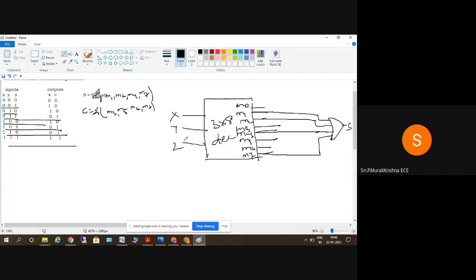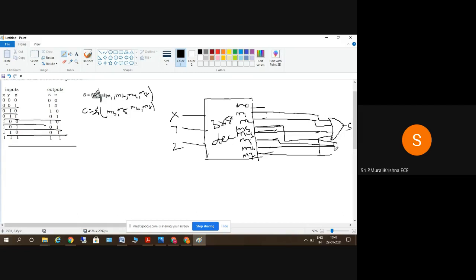Okay, and carry. So what is carry? So carry is M3, M5, M6, M7. Okay, so we need M6, we need M7, and we need M3, M5. So we have M3 and we have M5.